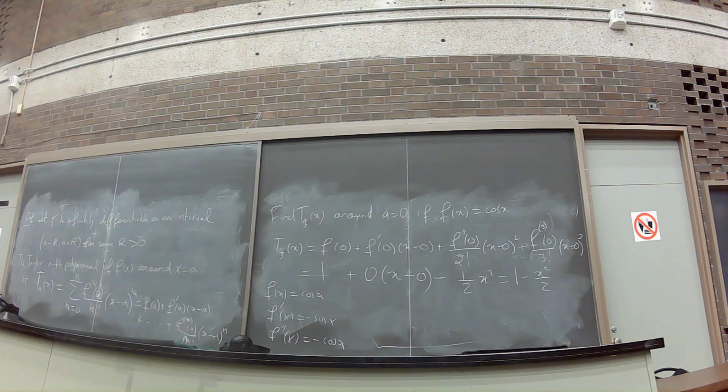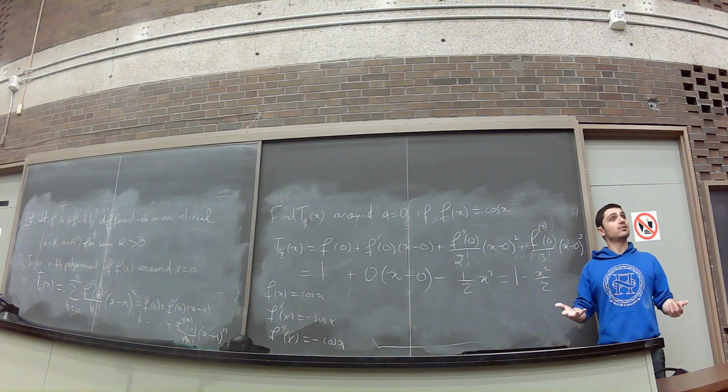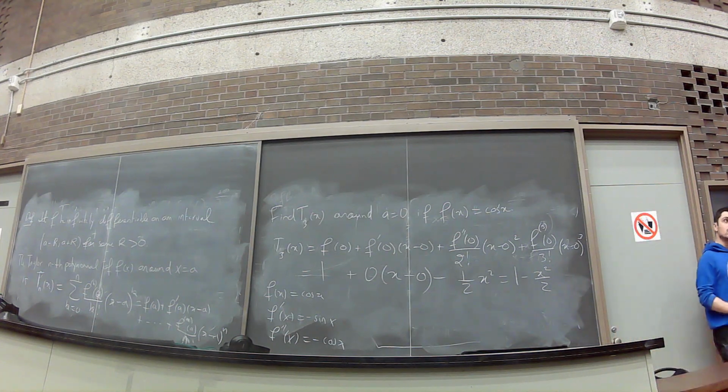Great, sure. Is that a good approximation? Is it good, or can you do better? What is better? 1 minus x squared over 2, or just 1? What is better? 1 minus x squared over 2, right? This is the use. What is an easier approximation is 1, right? But it's less accurate, of course. Okay?